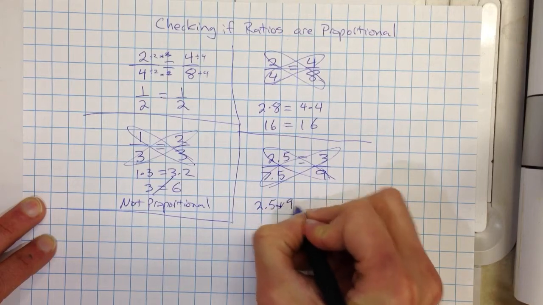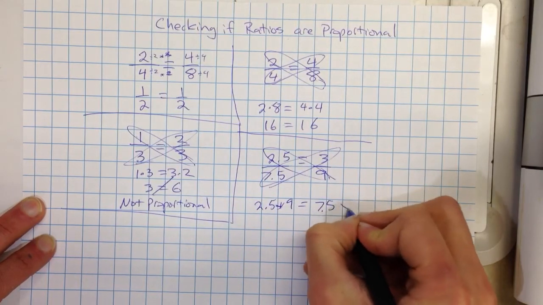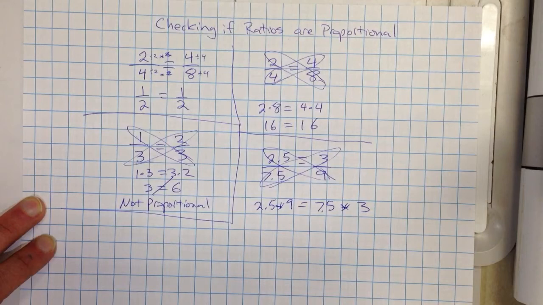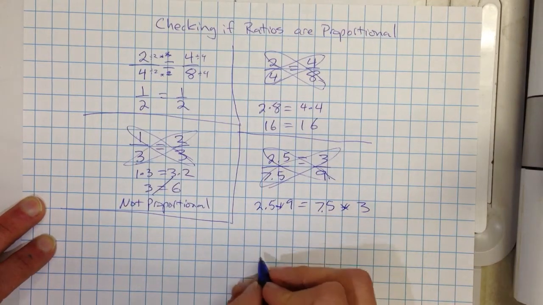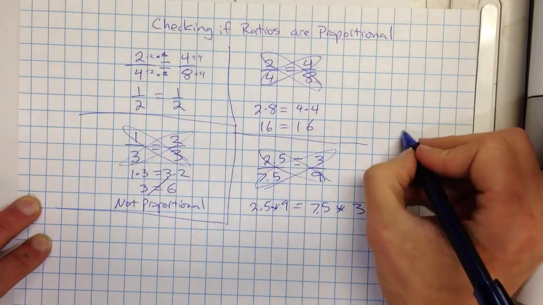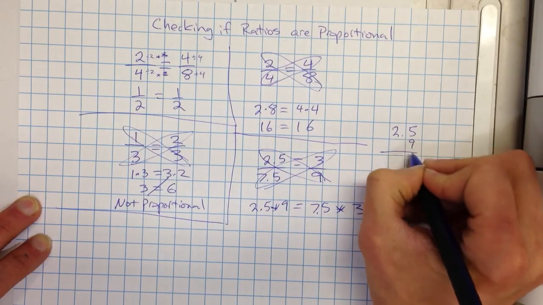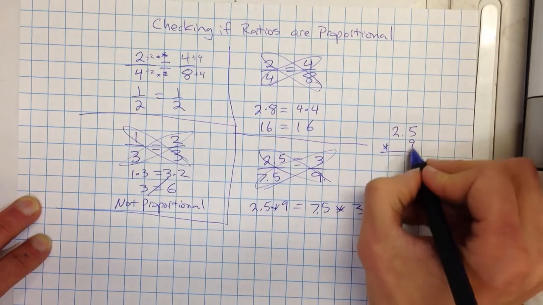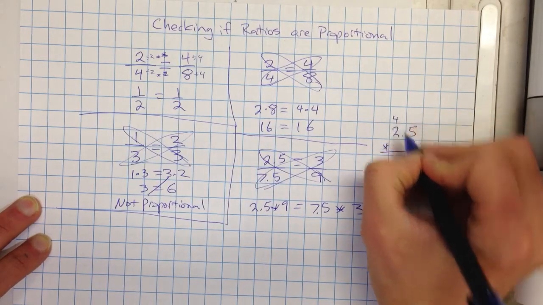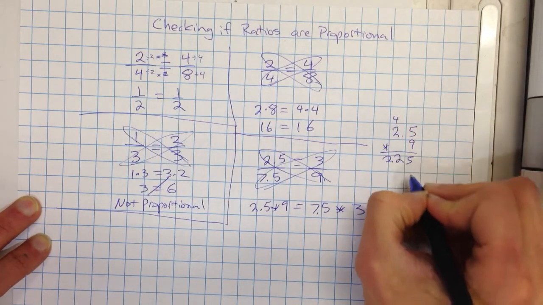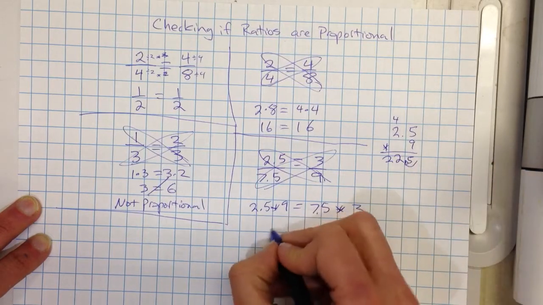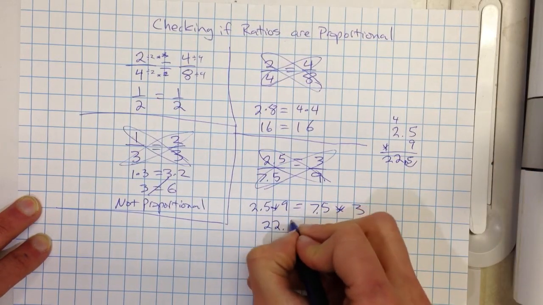2.5 times 9 equals 7.5 times 3. If I do the math with this, I'll do it over here on the side. 2.5 times 9. Remember, I don't have to line up decimals when I'm multiplying. 5, and I get 22. Decimal point comes over once, so this is equal to 22.5.